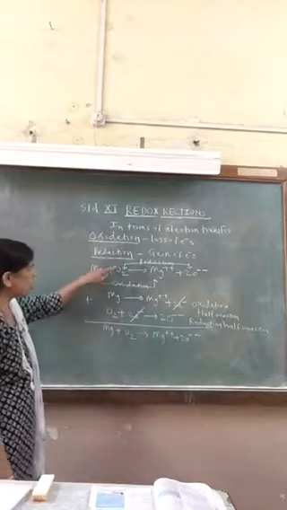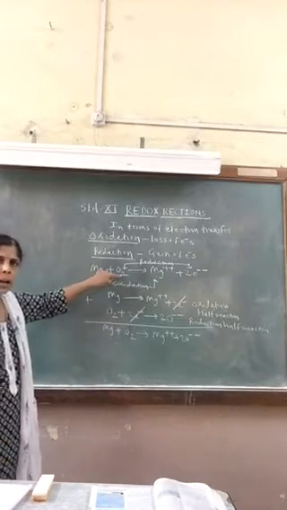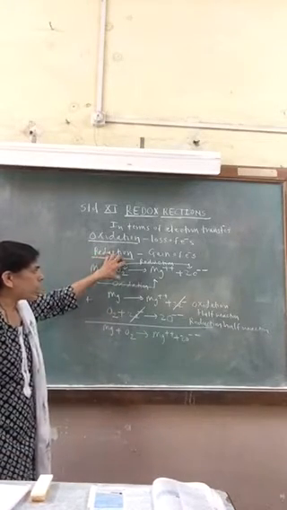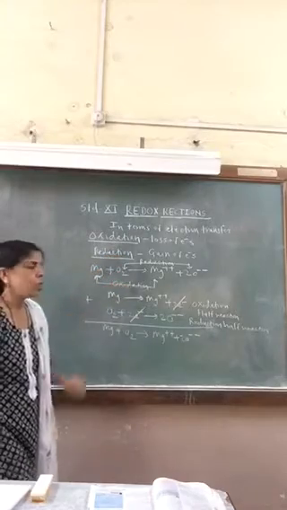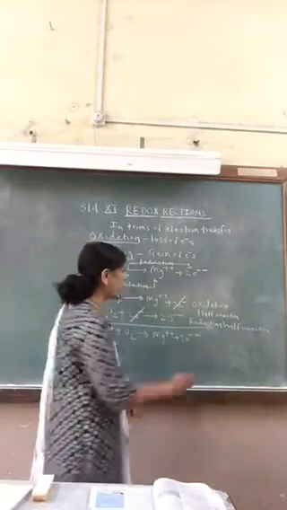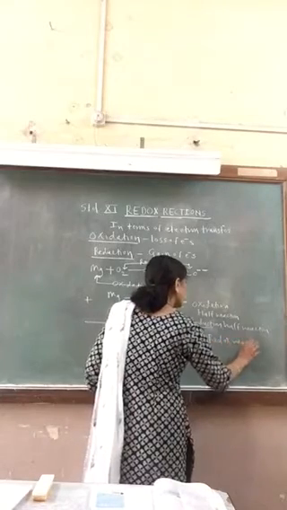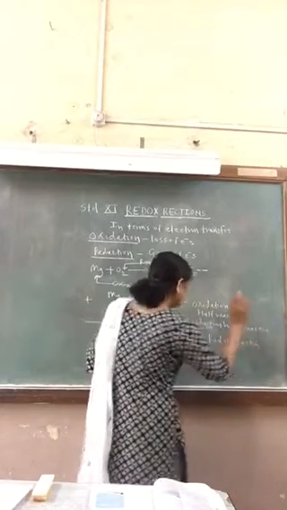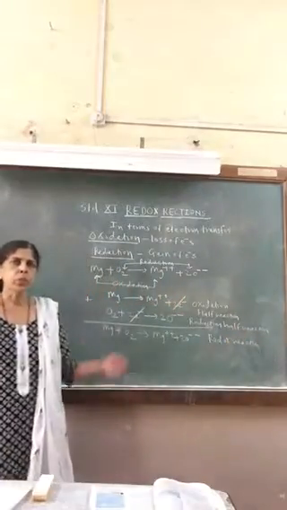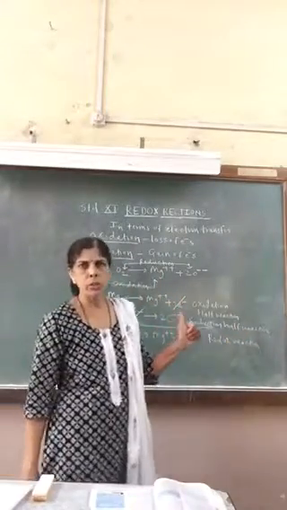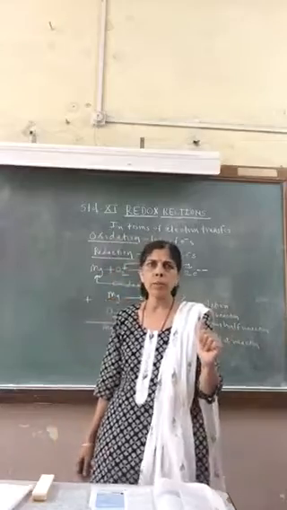So this reaction we are getting back. So this particular redox reaction actually is a combination of oxidation half reaction and reduction half reaction, and finally we are getting redox reaction. I hope you must have understood what is redox reaction with the example which I have taken.